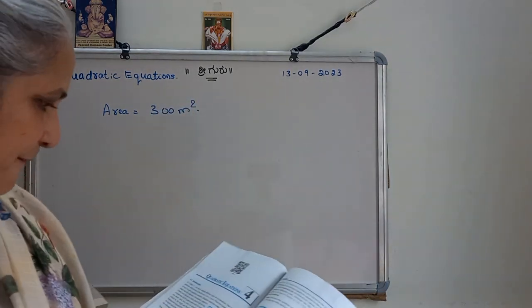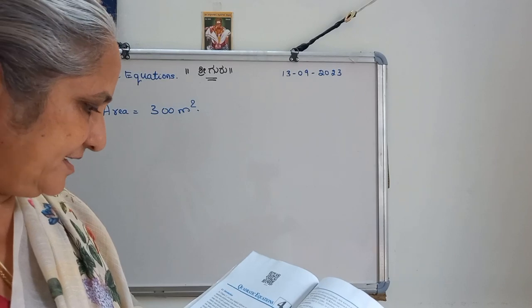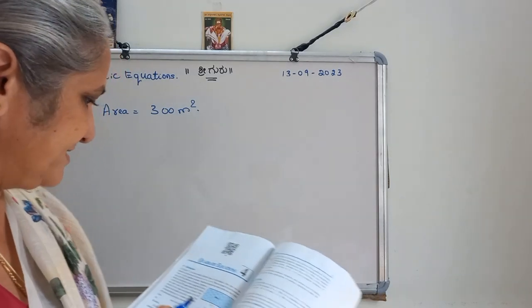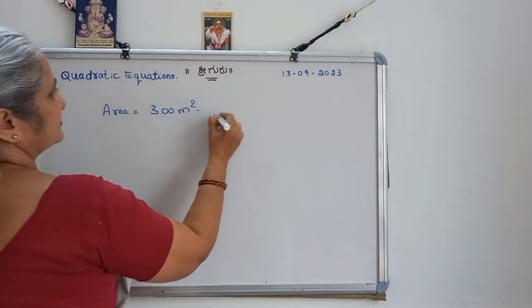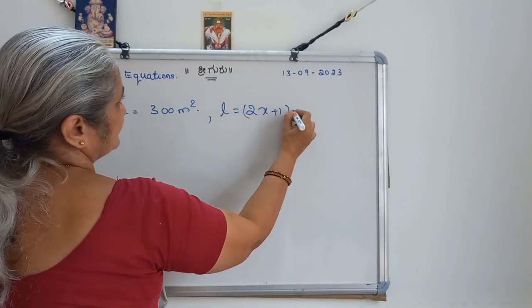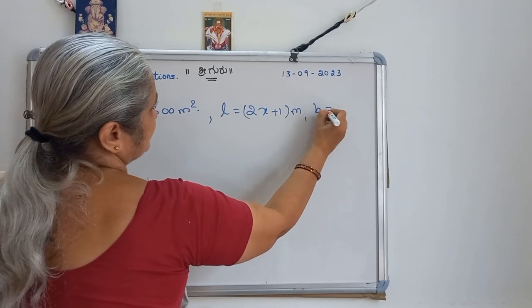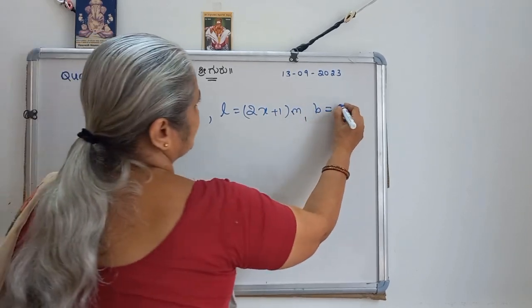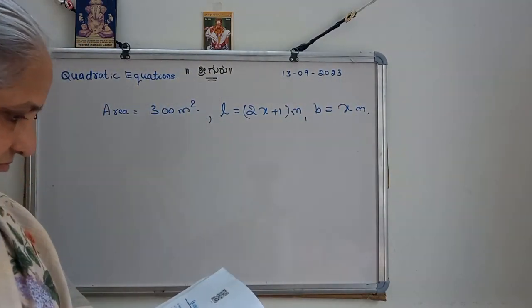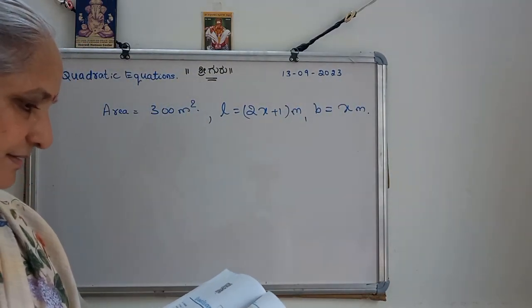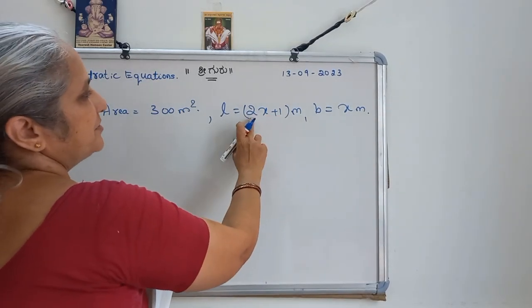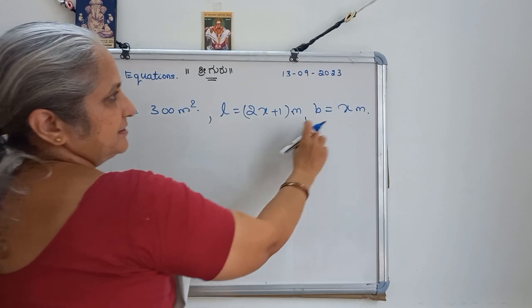And its length is 2x plus 1 and breadth is x. Here the length is 1 meter more than twice the breadth.